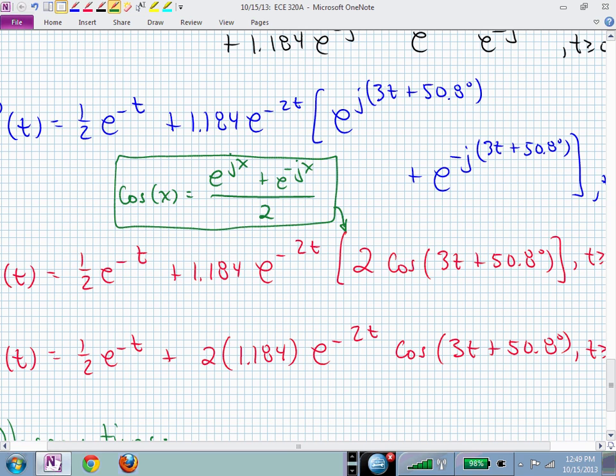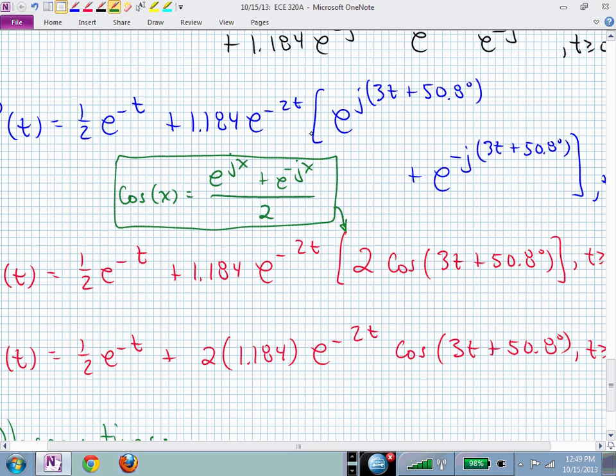Is that okay? So Euler gives me cosine x is e to the jx plus e to the minus jx over 2. And what I had in the blue bracket was simply the jx's. So that gives me twice this cosine. That's where that 2 is coming from.